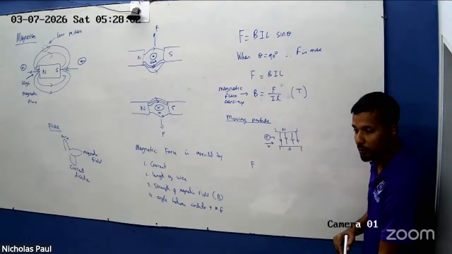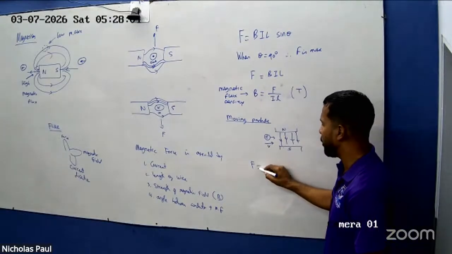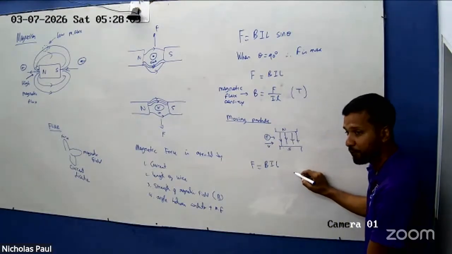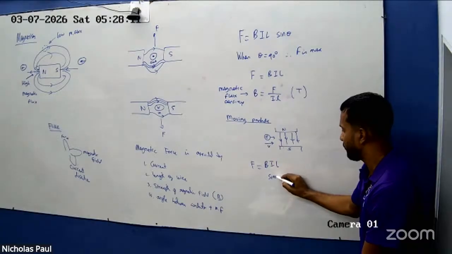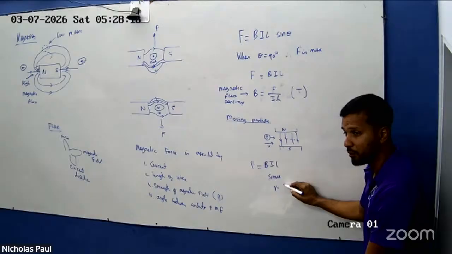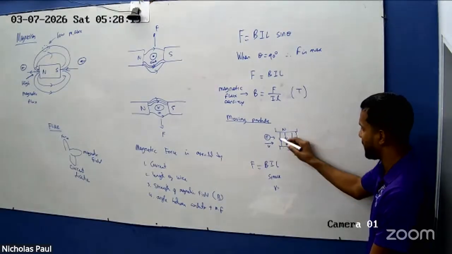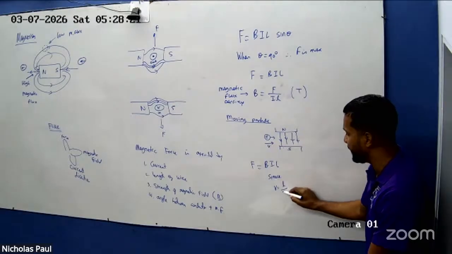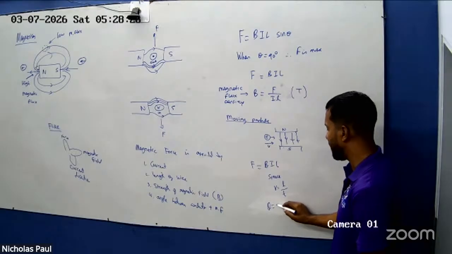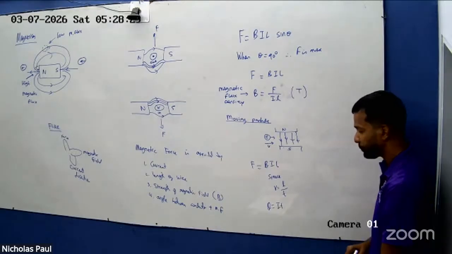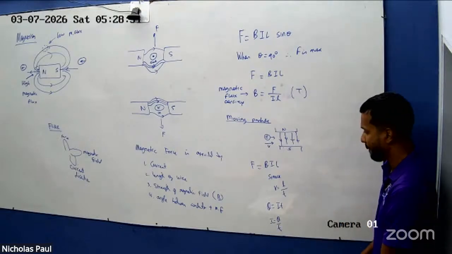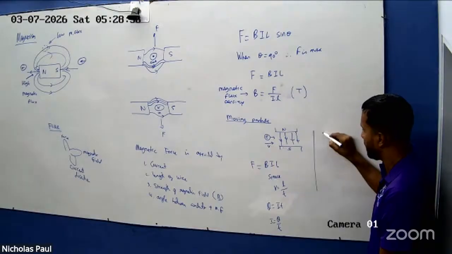We know F is equal to BIL, and velocity is equal to distance traveled over time. Let's say the distance traveled, the length here, is L, over time t. I is equal to Q on t, so Q is equal to It. Substitute I is equal to Q on t into BIL, which gives BQL over t, and L over t is v.